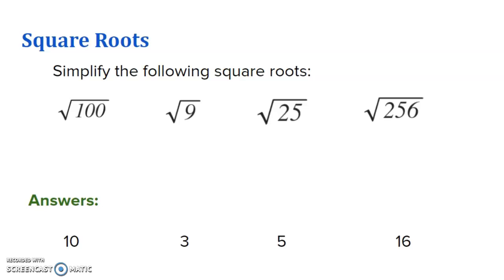Square root is telling you what is the number that when you multiply it to itself is 100. That's 10. What is the number that when you multiply it to itself is 9? That's 3, because 3 times 3 is 9. And 5 times 5 is 25, so the square root of 25 is 5, and square root of 256 is 16.